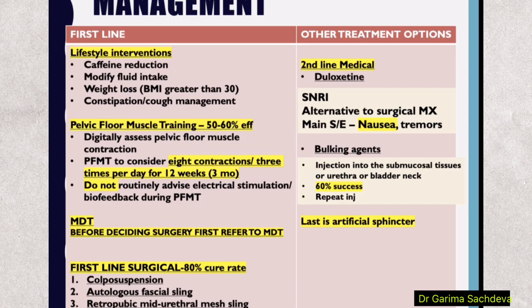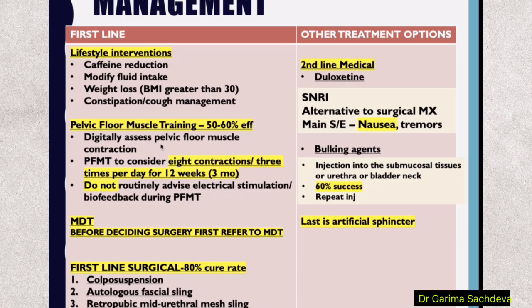Constipation and chronic cough increase the abdominal pressure and will increase the symptoms of stress urinary incontinence, so if that is there, you have to treat it. Modifying fluid intake: if they are taking more, ask them to reduce, and vice versa. Caffeine and fizzy drinks, they have to avoid. Caffeine has a diuretic action.